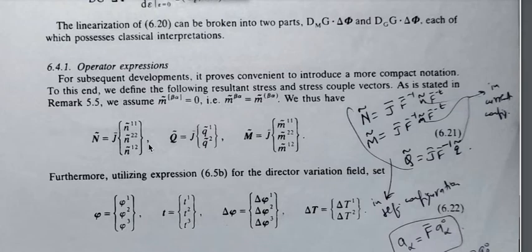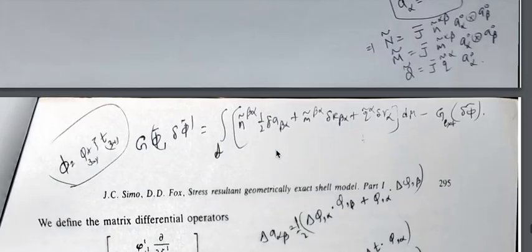So coming back to this same page in part 1, we have these N, Q, M capitalized, expressed in terms of the small case n, q and m tilde quantities, and with a factor of j.